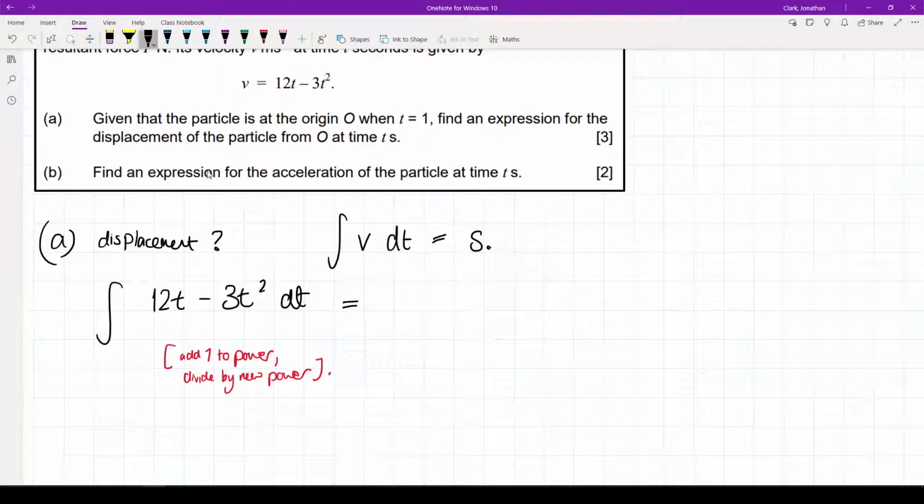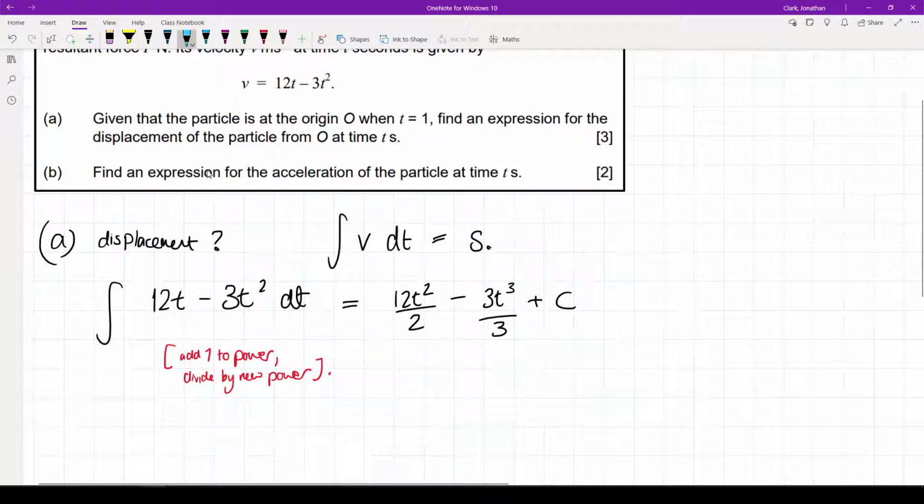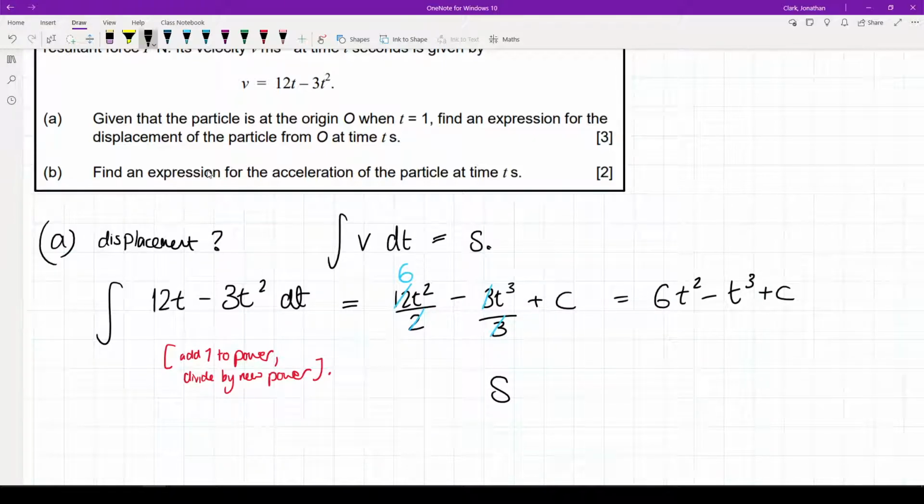Let's do that here. 12t is going to turn into, I'll sort that out in a second, and similarly 3t squared is going to change into, let's just simplify the number bit, so 12 over 2 is 6, over 3 that's going to go, and we've got 6t squared take away t cubed plus c. That is our displacement expression.